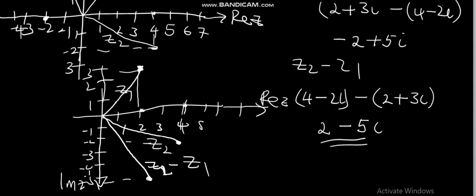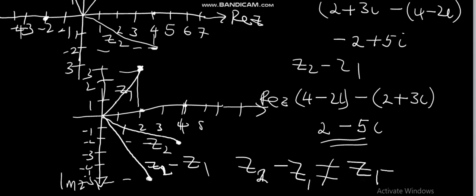So this one will tell us that our complex number, which is the resultant, lies in the fourth quadrant. So what do we get from there? z2 minus z1 is not equal to z1 minus z2 because they lie in different quadrants. Is that okay?